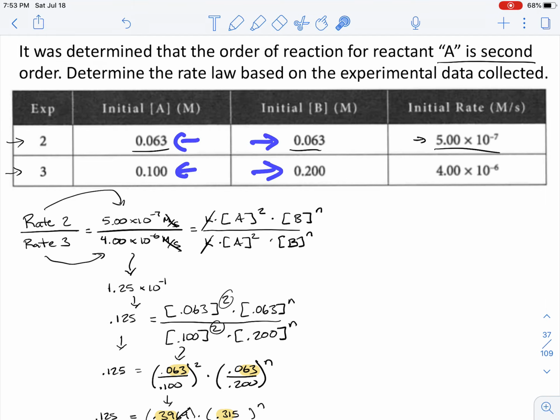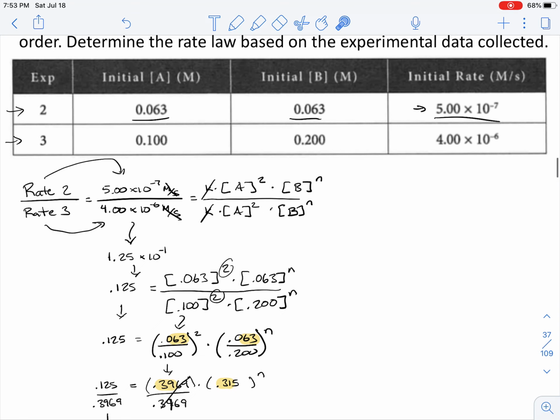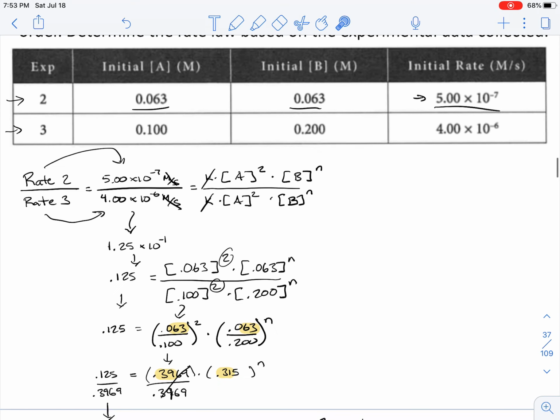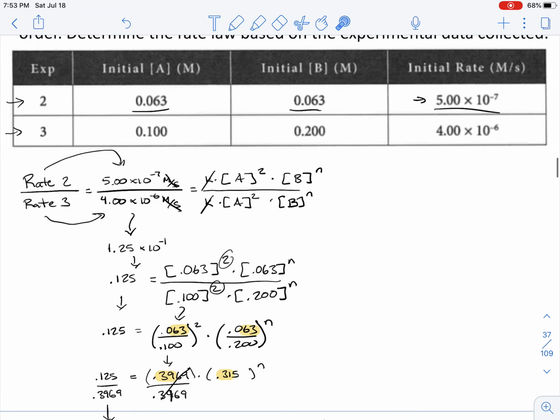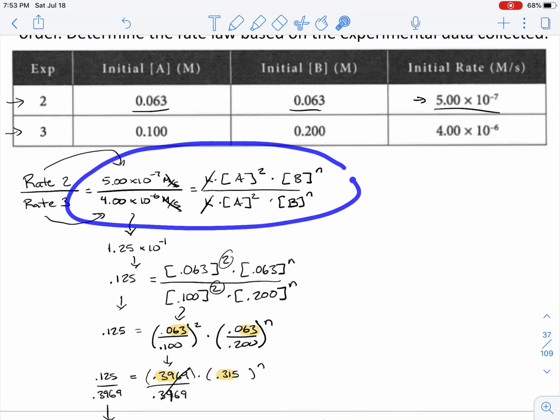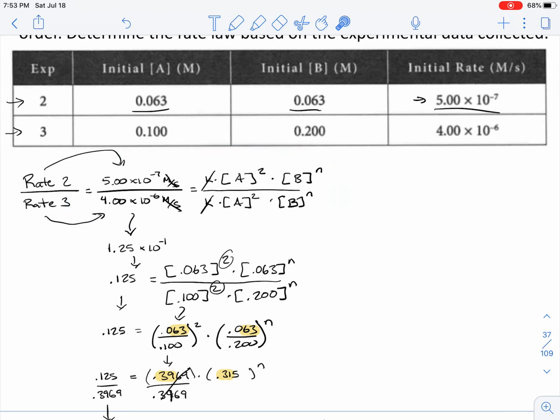And so as long as you know the order of reaction for the other reactants, leaving you with just one order of reaction that's unknown, you can still take the ratio of these two experiments and just plug everything in, just like what I did here. So you treat it normally, you plug in the initial rates, plug in the concentrations, plug in the order of reaction that was given to you, and then once you have everything filled out, just go ahead and solve for that exponent n.